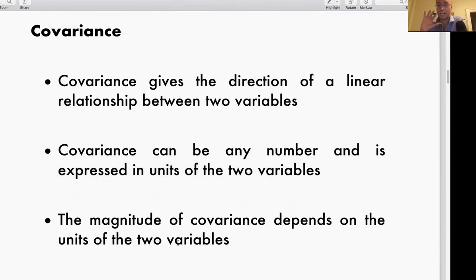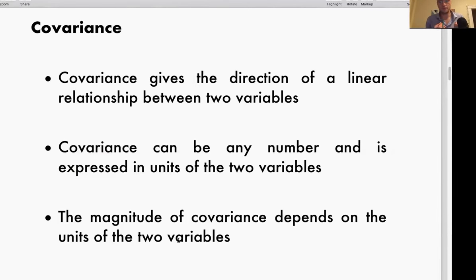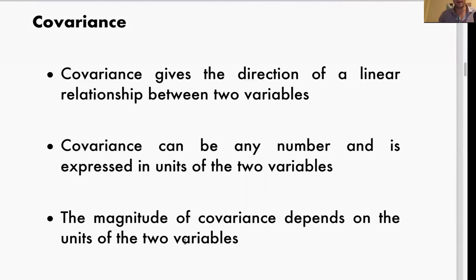So you can have a giant covariance and a linear association, but you don't know how relatively strong that is because it's almost too descriptive. A covariance describes the data at hand and how it covaries, but it can only be compared to data with identical units on both the x and the y-axis.